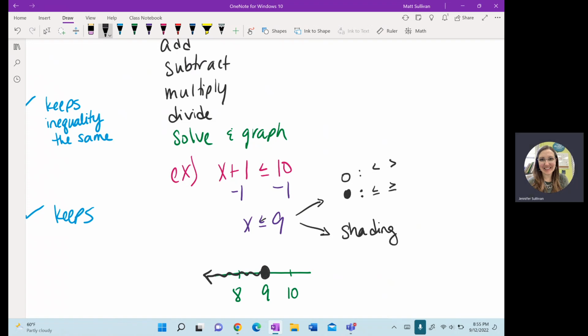Again, we said there's this trick where if you draw a straight line here, our inequality can point us in the right direction of our shading as long as the variable is listed first.